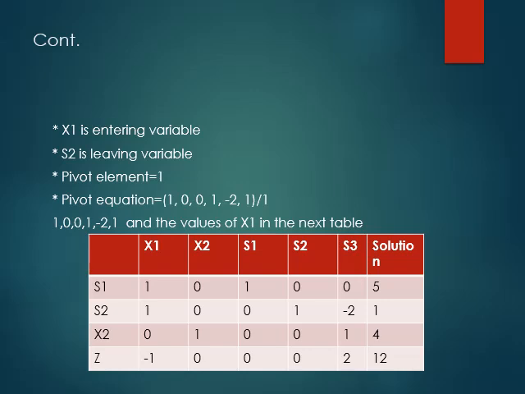So how do we determine x1 as entering variable? Because it faces the negative value in the row of z, which is negative 1, only one negative value. And we determined s2 as leaving variable because 5 over 1 is 5, 1 over 1 is 1, the result is 1, then s2 is leaving.